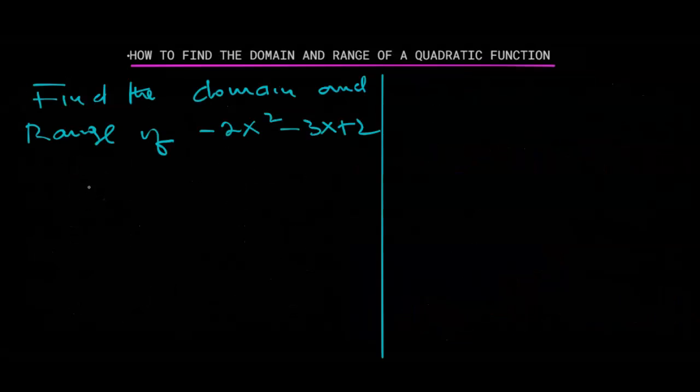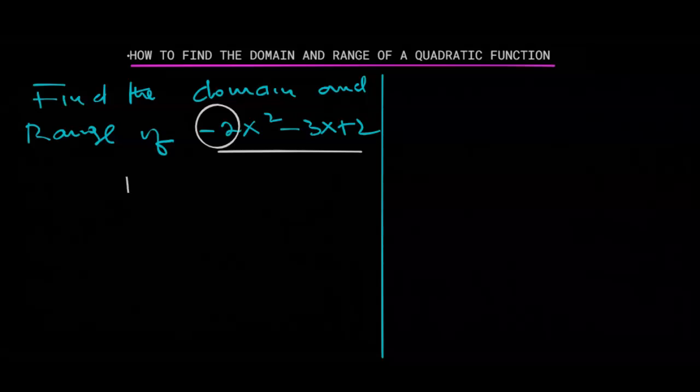Now let's find the domain and range of the quadratic function here. This one, because the coefficient of x squared is negative, we are going to get a maximum graph, something that is going to look like that. And whatever value we get here on the y-axis, k, the graph above it, we don't know it.